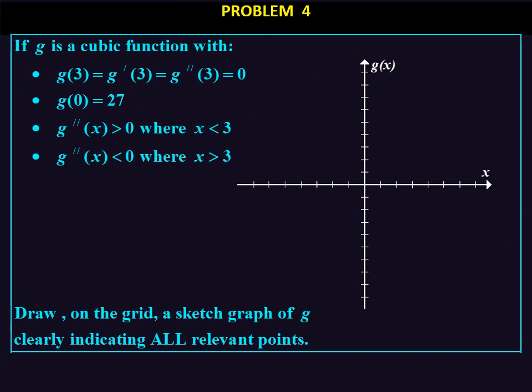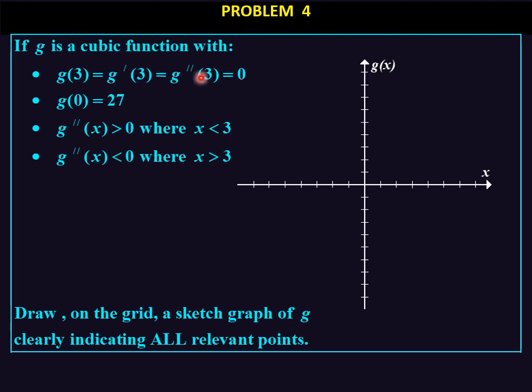Let's look at the fourth problem now. If g is a cubic function, so they have a cubic function, it's not drawn. All of this is the information that's given, and now they want us to draw this on a grid. So we're going to try to interpret that. There's no equation given.